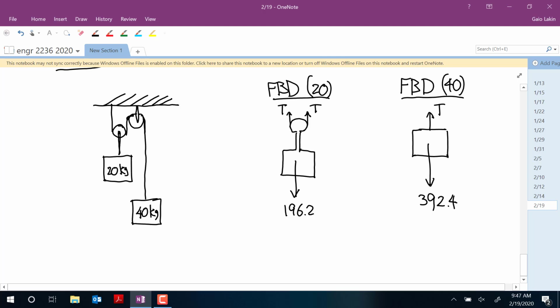But the lengths over here have to keep the same length relationship, otherwise one would get slack. So the inch over here has to come from half an inch on this side and half an inch on this side. Okay. And so what you get is that if you have a downward acceleration of 1 meter per second squared of the 40, you have an upward acceleration of half a meter per second squared for the 20.